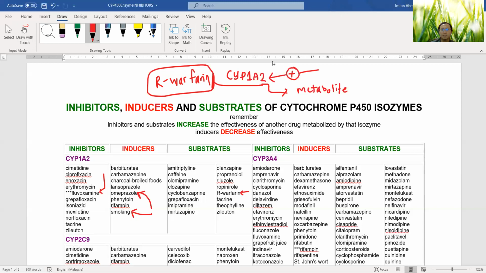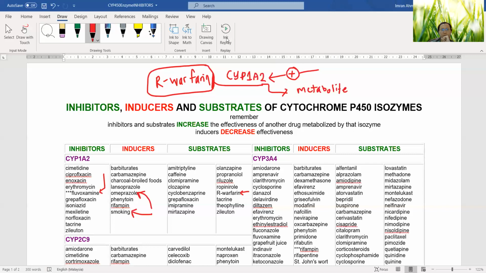You will have less of the drug in the active form available to see the effects in the body. So the drugs that you are taking, the substrates, will be less effective. That's what's going to happen with these drugs if you give them an inhibitor or an inducer.